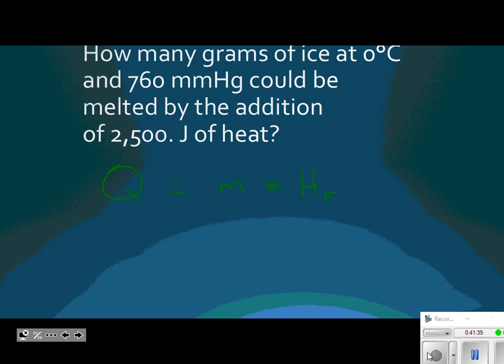Do we have any idea what H sub F is? Yeah, why do we know what H sub F is? Because it's on our chart, right? H sub F is 333 joules per gram, right?